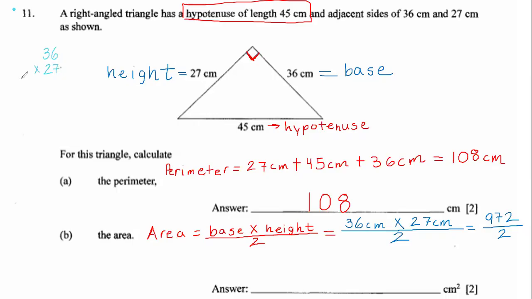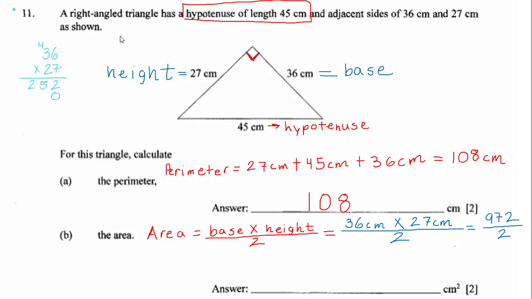For this one, we know 7 times 6 is 42. Put the 2 down, put the 4 up. 7 times 3 is 21 plus 4 is 25. But we always put 0 as the placeholder.